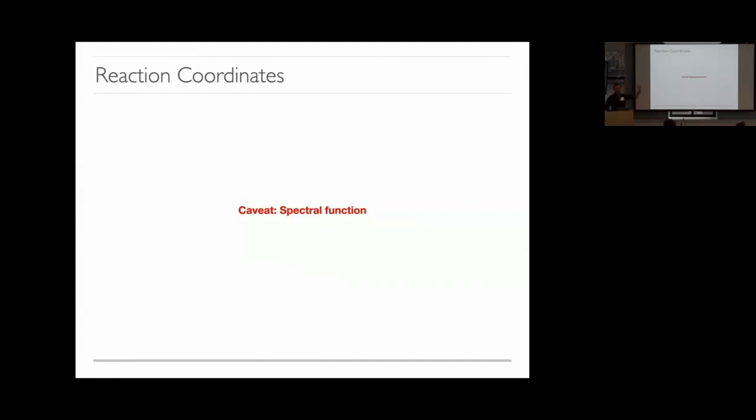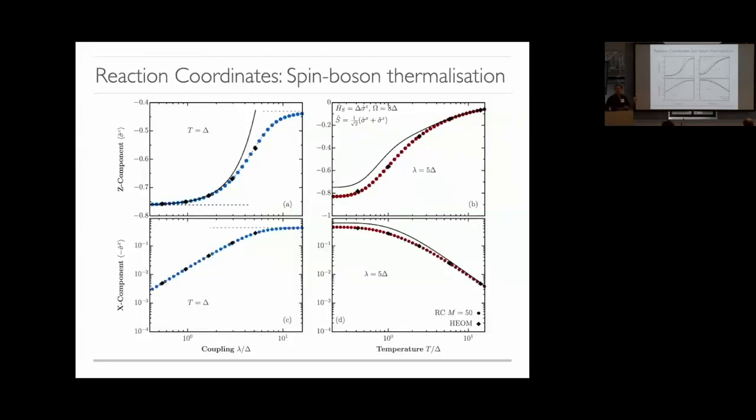You can only do this approach whenever you have a spectral function that after the mapping gets you something that's weakly coupled to your residual reservoir. There's a list, basically, of spectral functions you can do this for. The one I showed you here is a Lorentzian one, but there are other spectral functions you can do this for.